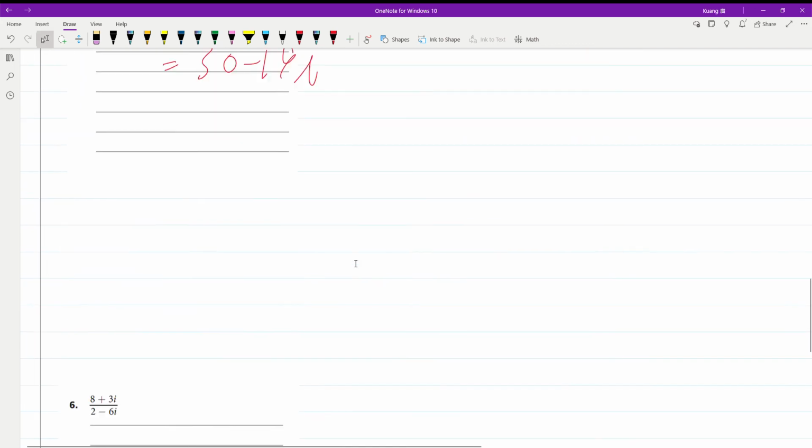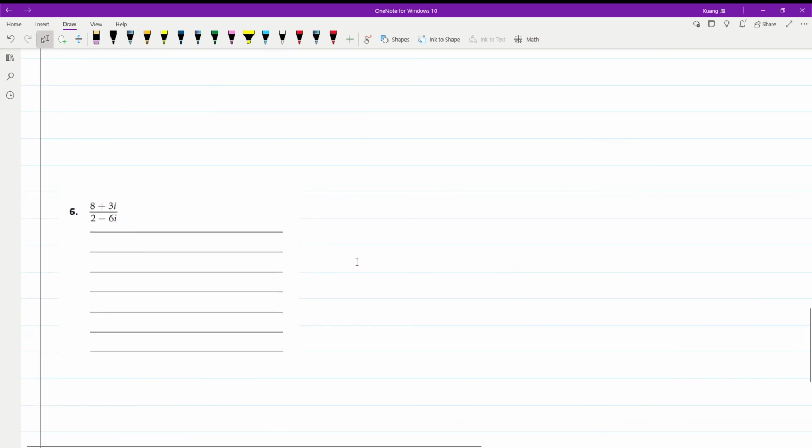Okay, it's more complicated for division. This question actually equals 8 plus 3 root of negative 1 over 2 minus 6 root of negative 1. Like I said before, we cannot have an irrational number in the denominator. So I want to get rid of the square root here.